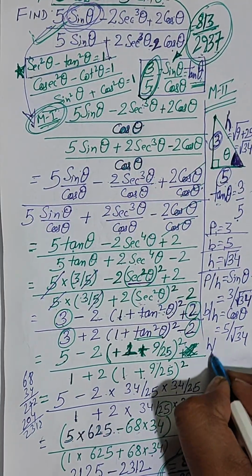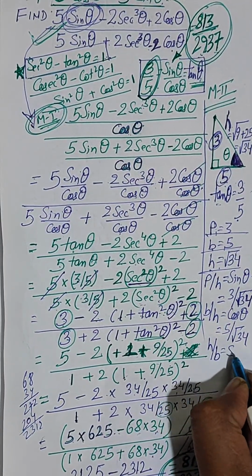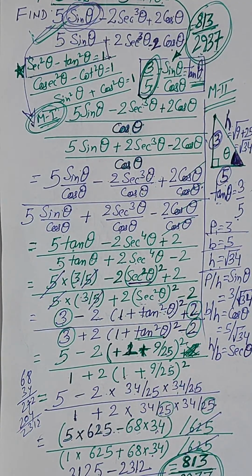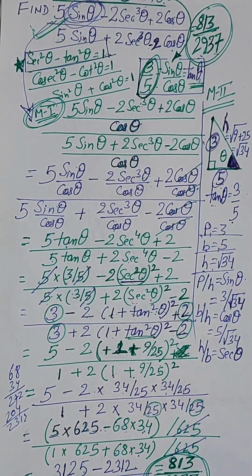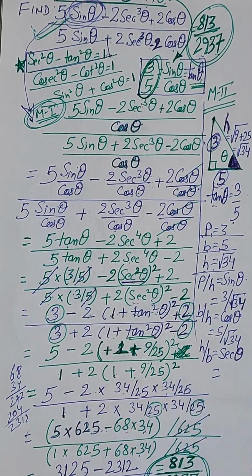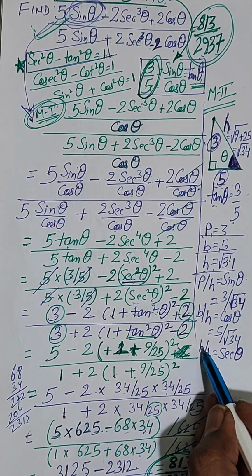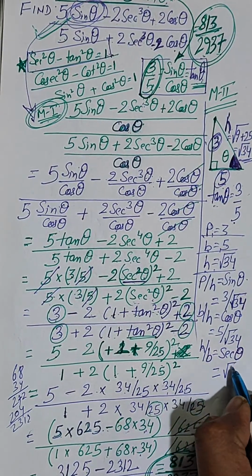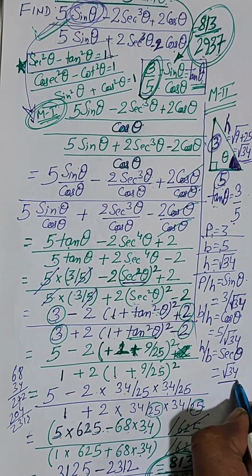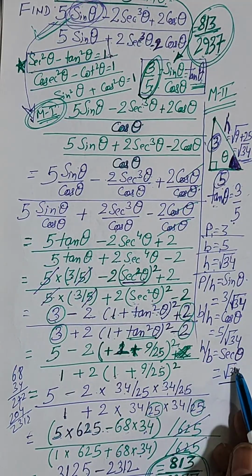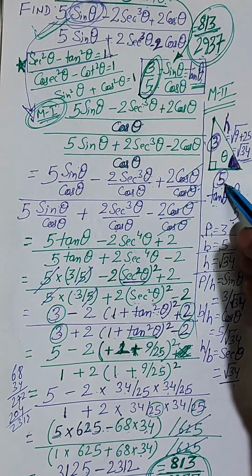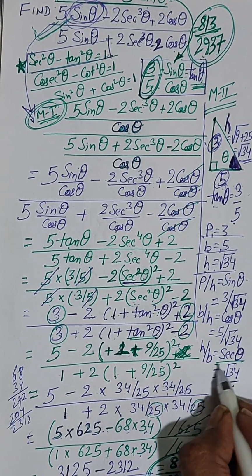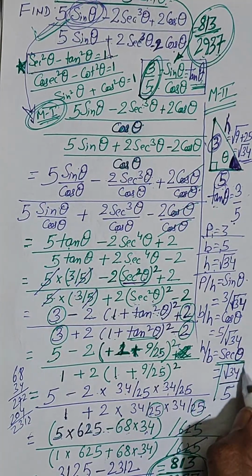So h by b is the value of sec theta. H is root 34, divided by b, which is 5. So sec theta is root 34 by 5.